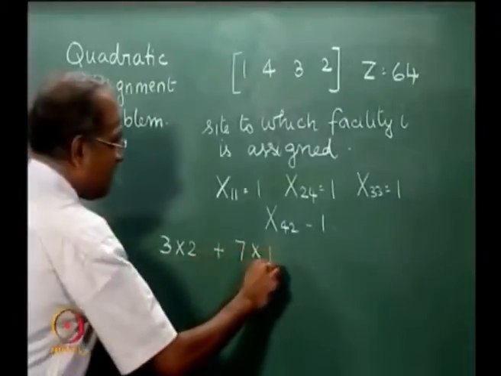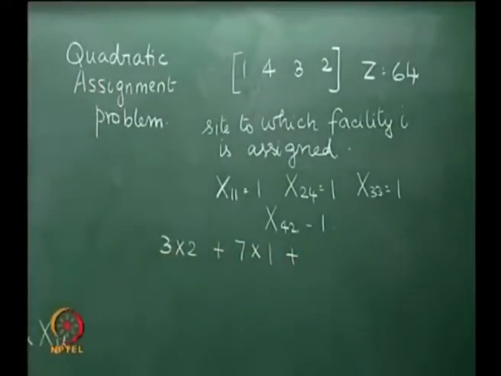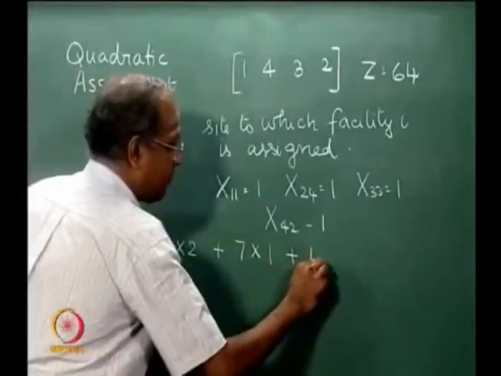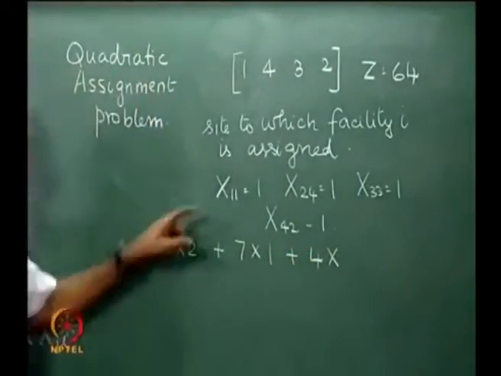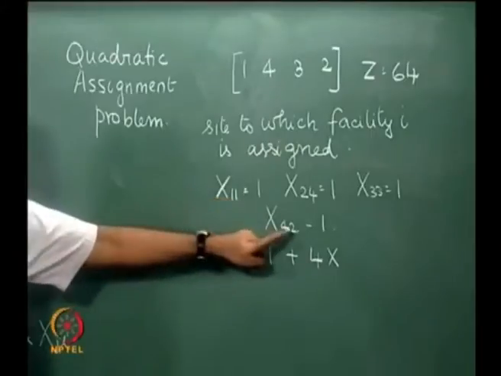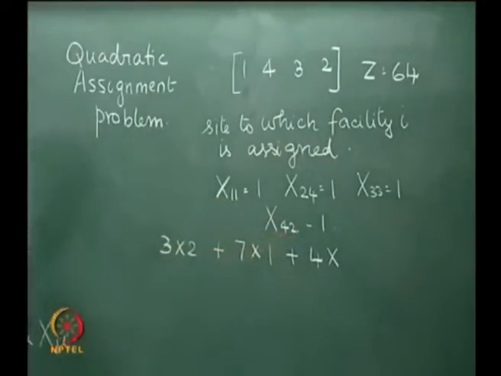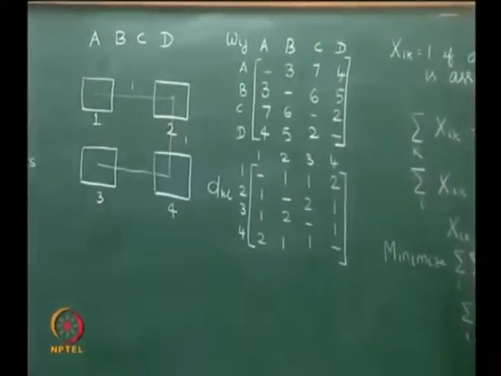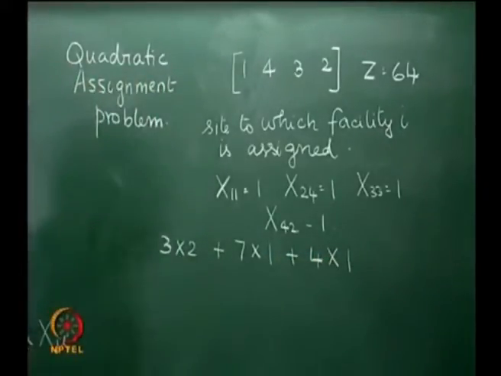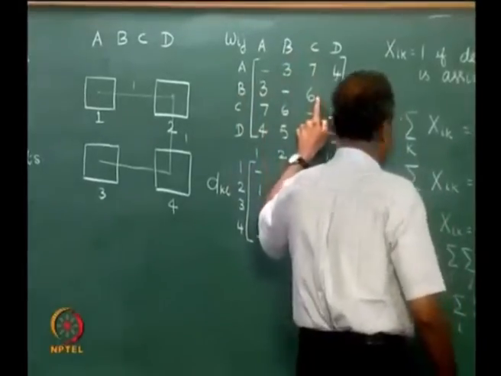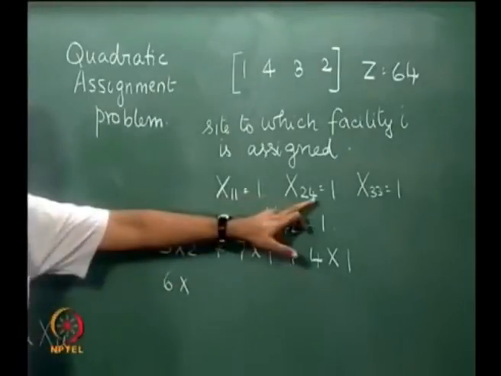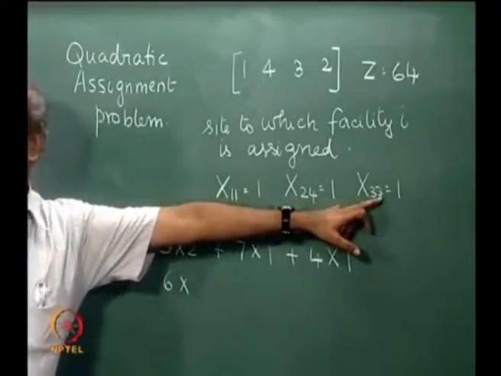So, 7 into 1 plus facilities 1 and 4 have weight equal to 4. Facility 1 is allocated to site 1, facility 4 is allocated to site 2. So, the distance between 1 and 2 is 1. Facilities 2 and 3 have weight equal to 6. 2 is allotted to 4, 3 is allotted to 3.